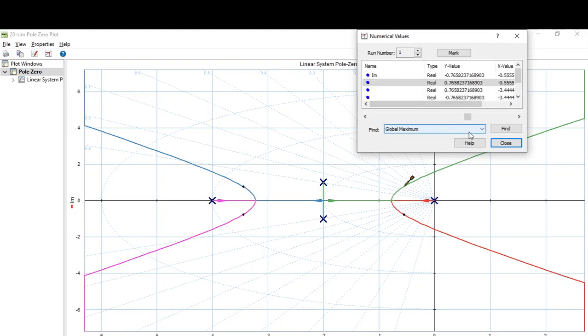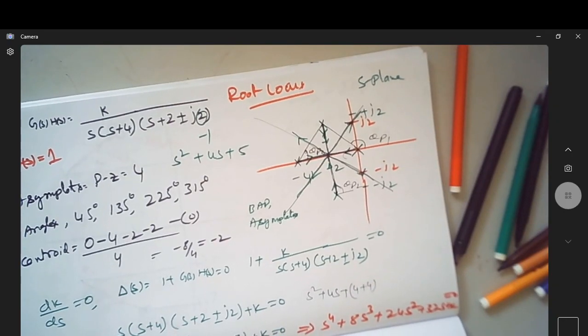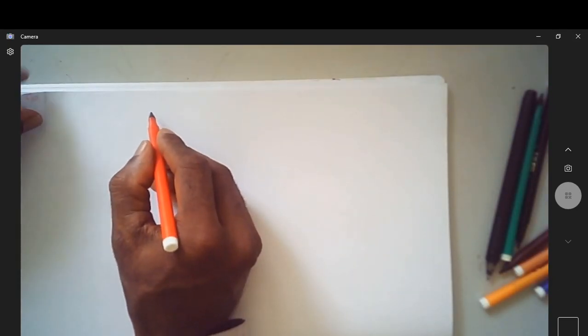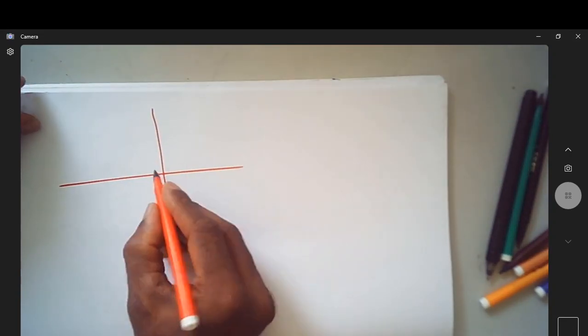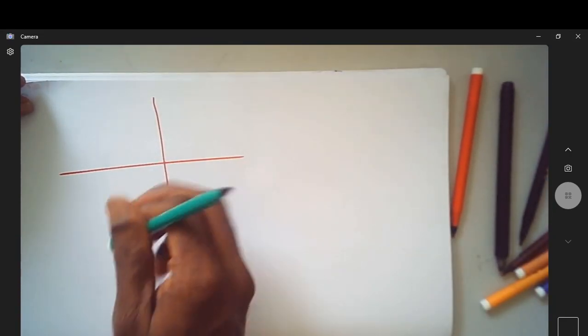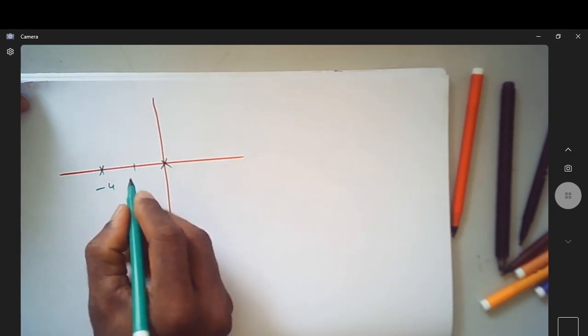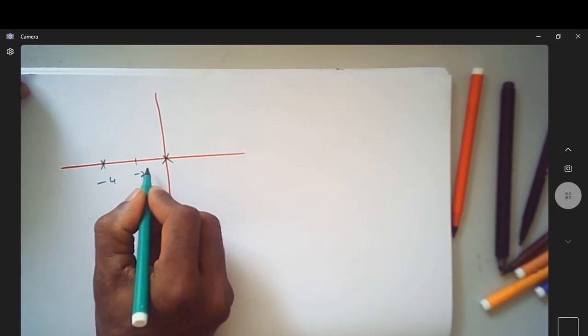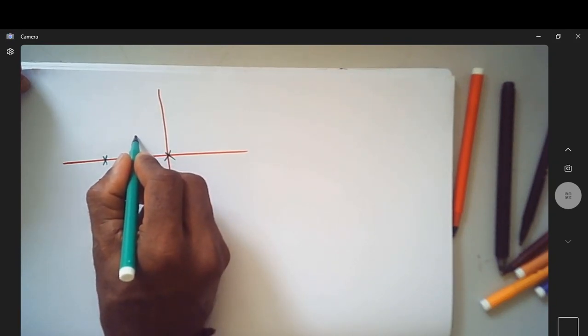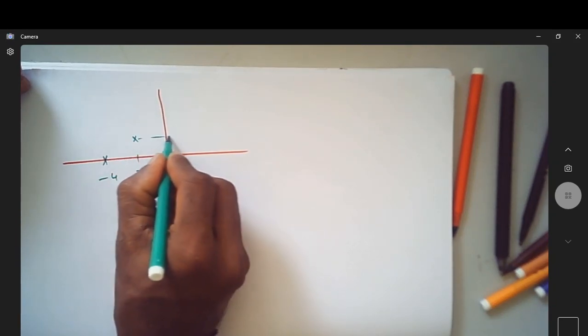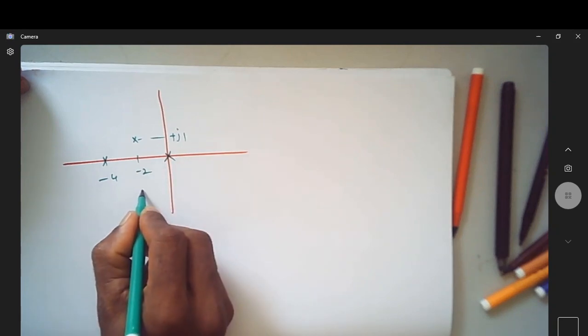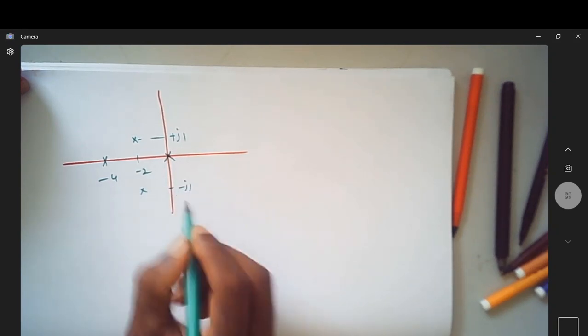Meaning, if I just write it over here, one of the poles is at origin, the other one is at -4. The other complex poles have real part -2, with imaginary part plus j1 and minus j1.